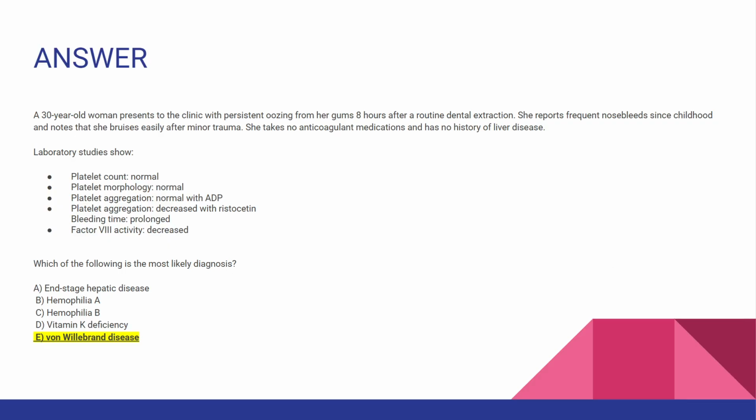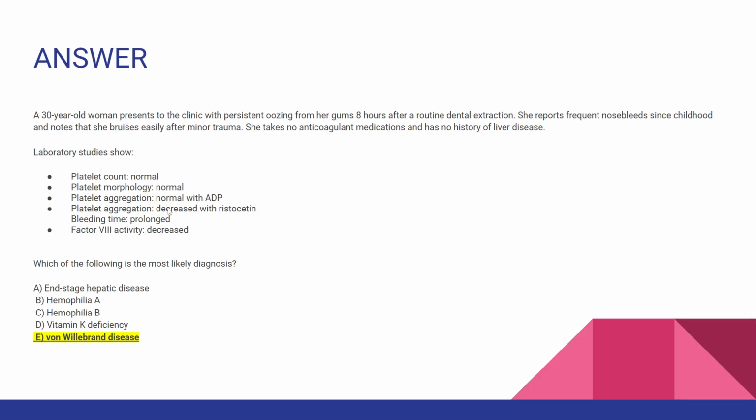So how should you tackle this question? First thing you should do is look at the lab studies. This is the last objective finding, and we can see that factor 8 activity is decreased. So what does that mean? It's not C, it's not D. It says no history of liver disease, so it's not A. And we also see aggregation is decreased with ristocetin.